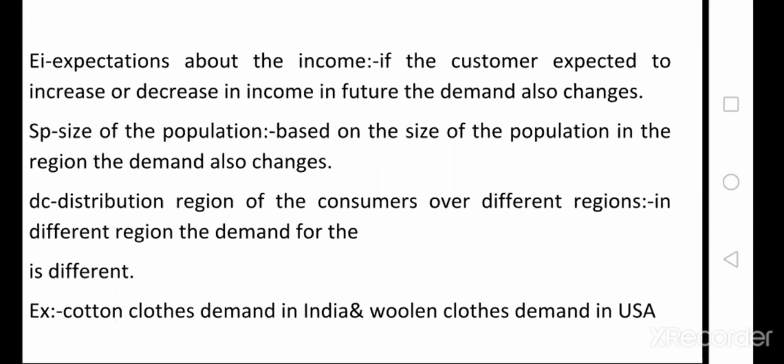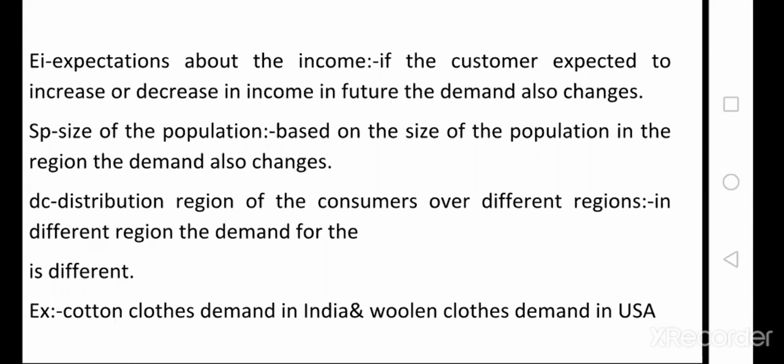If suddenly in a particular area, for example in the present situation in villages and rural areas, the population increases, because people from cities move to villages for protection from COVID-19, the population in villages increases compared to cities.